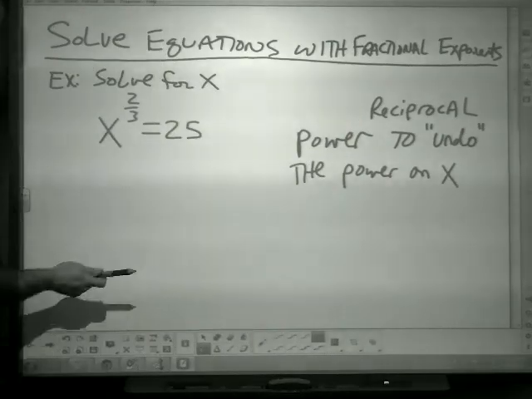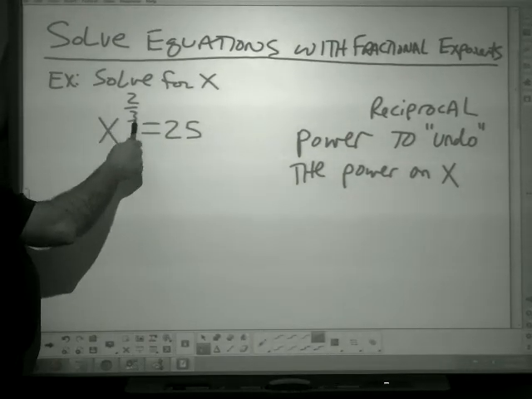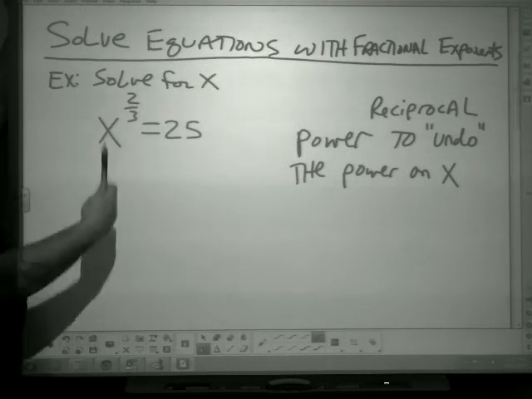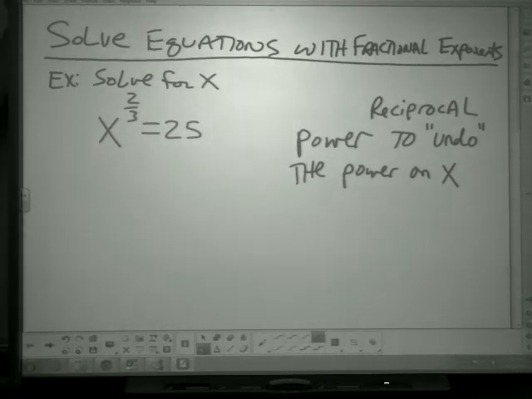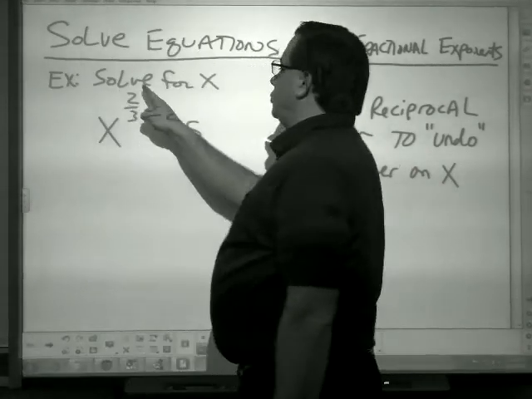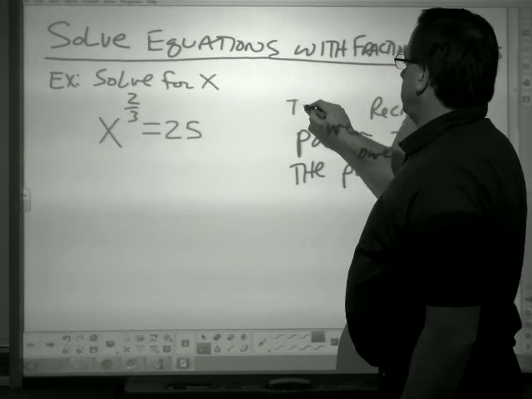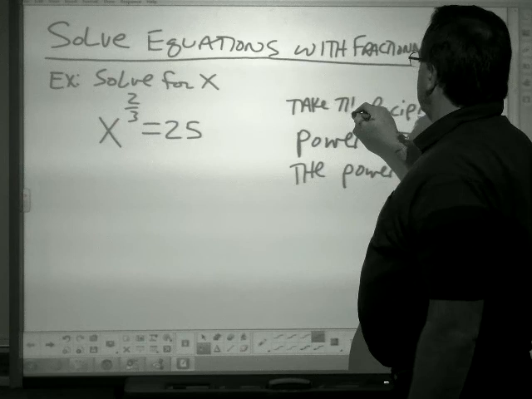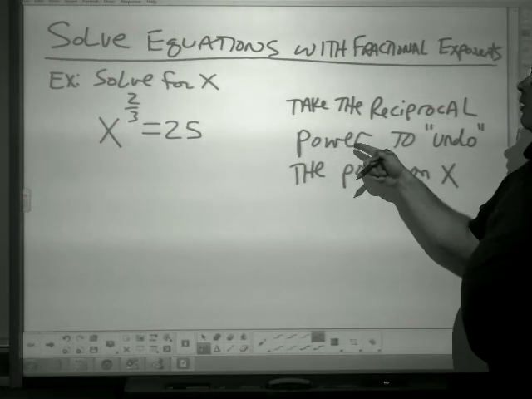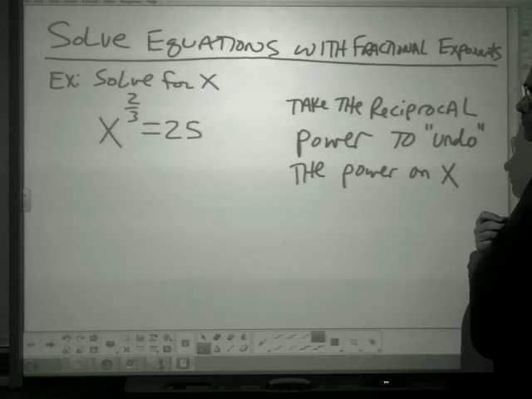So the question might look like this. It might say solve for x. X raised to some sort of fractional exponent equals some number. Okay. So in order to undo this, we have to take the reciprocal power to undo the power on x.